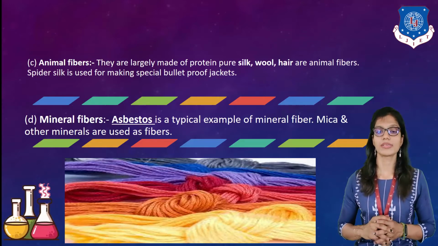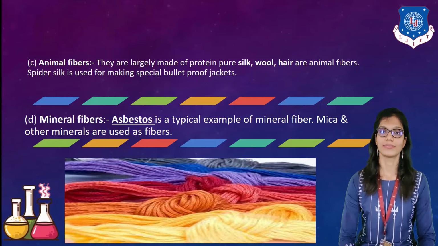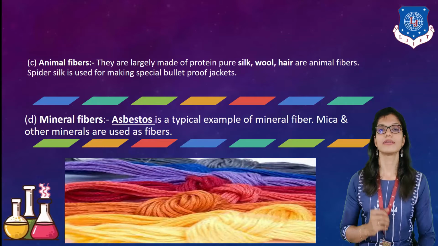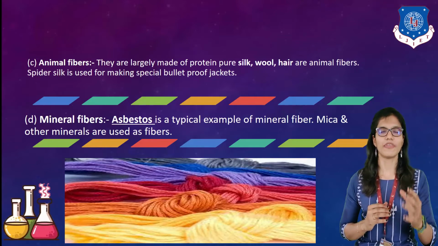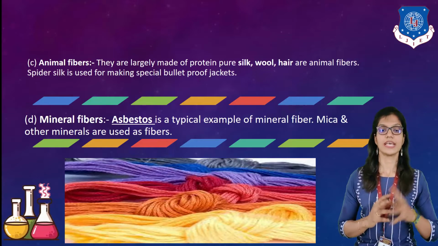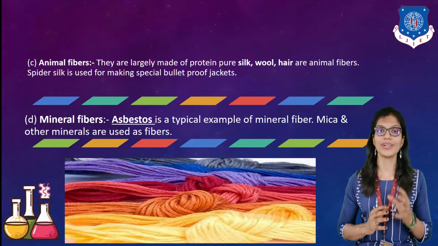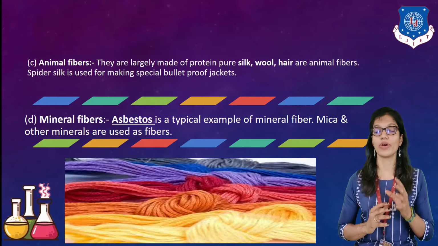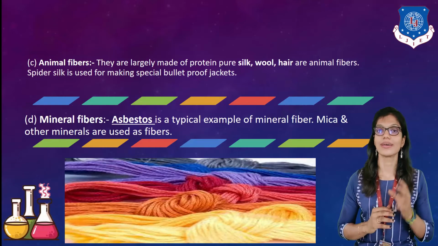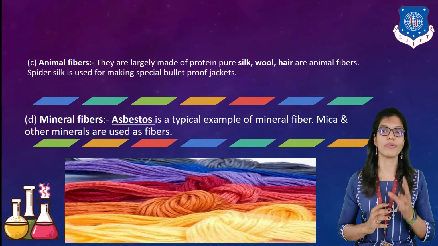Animal fibers are largely made up of protein, like pure silk, wool, and hair. Spider silk is used for making special bulletproof jackets. This is a simple example of where we can use animal fibers and why they are so important.